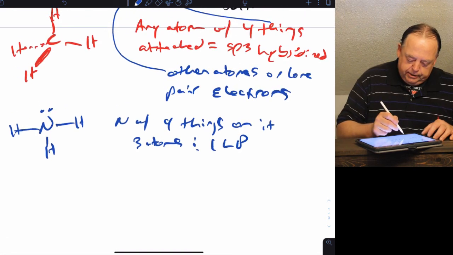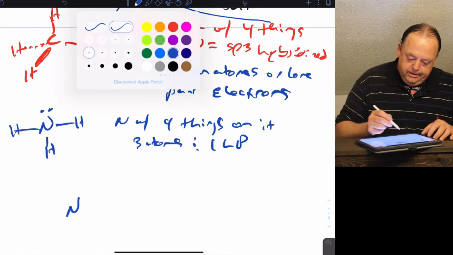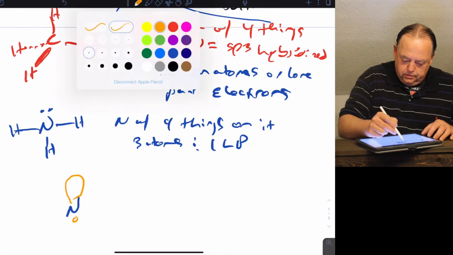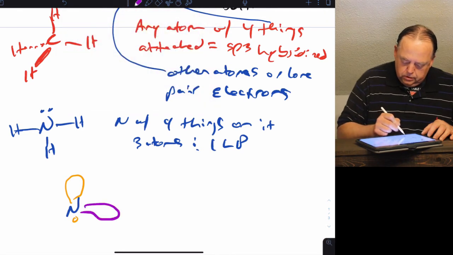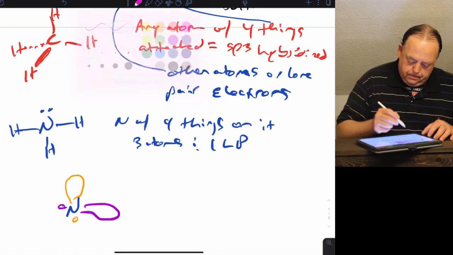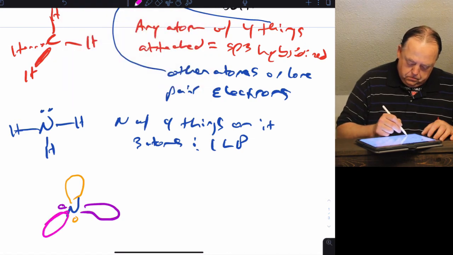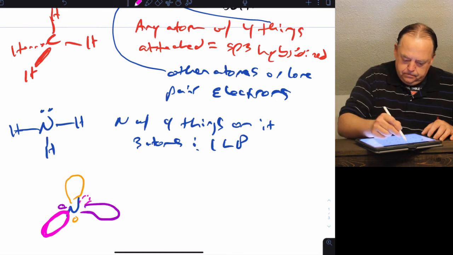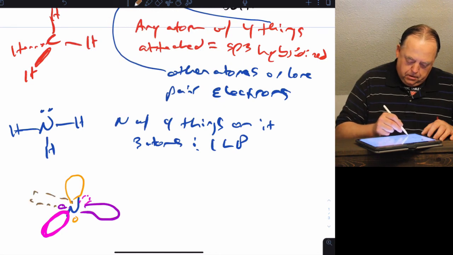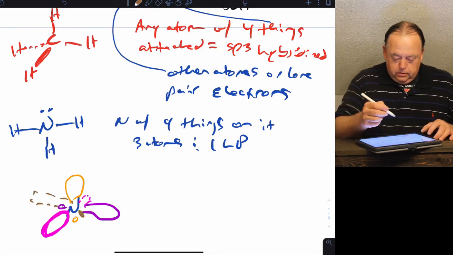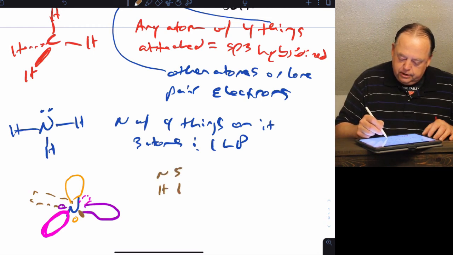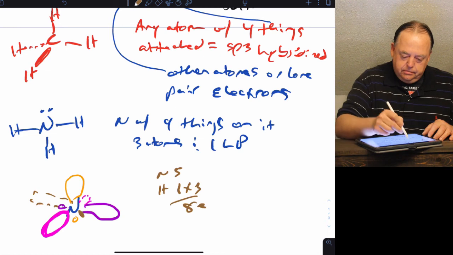So nitrogen will have, just like carbon, four sp3 hybrid orbitals, arranged tetrahedrally in space. And then nitrogen of course has 5 valence electrons, hydrogen has 1, so we've got 8 electrons to build the molecule.